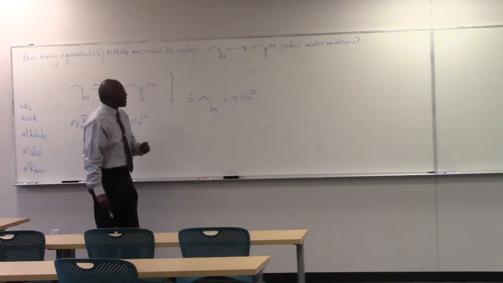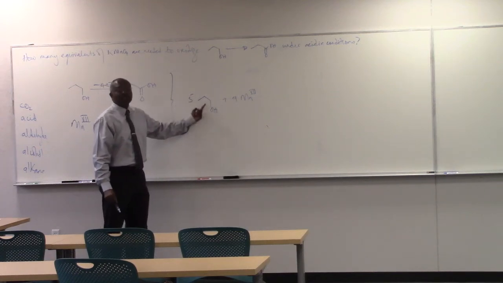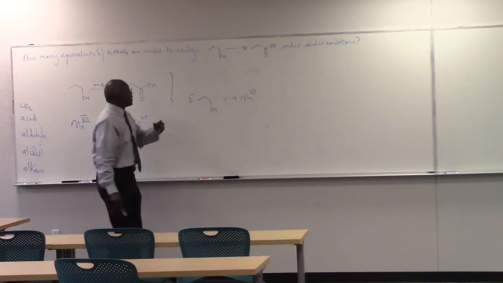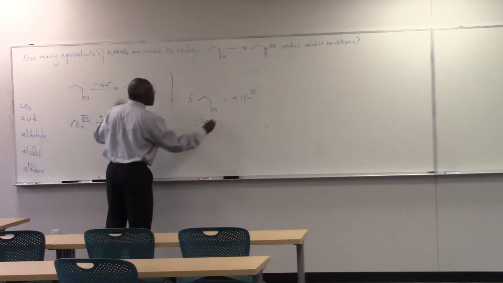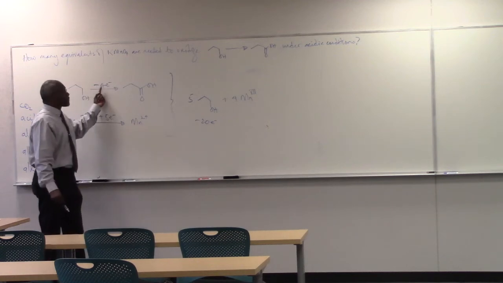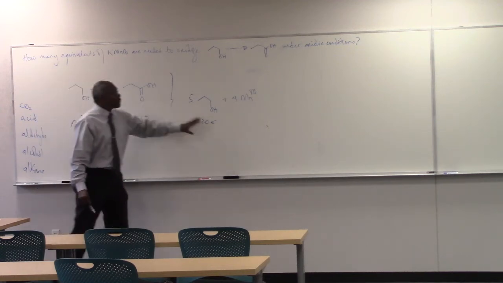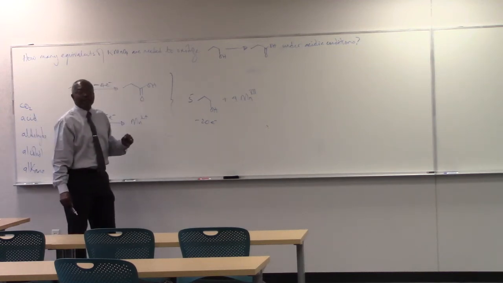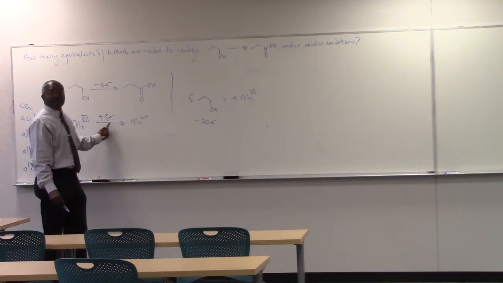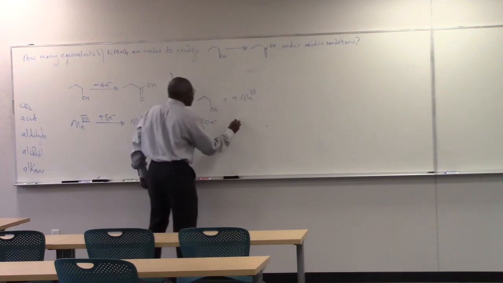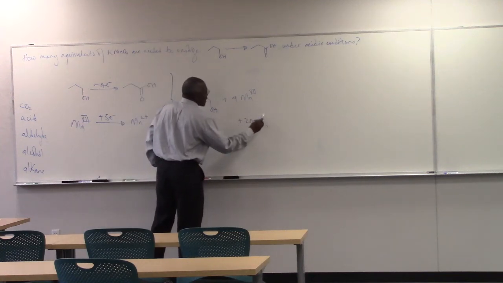And I know that because 5 alcohols will collectively lose 20 electrons. If every one loses 4, 5 will lose 20. Each manganese gains 5. So 4 of them will gain 20 electrons.